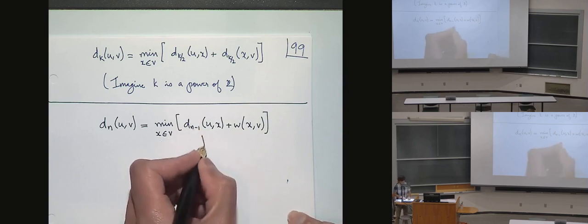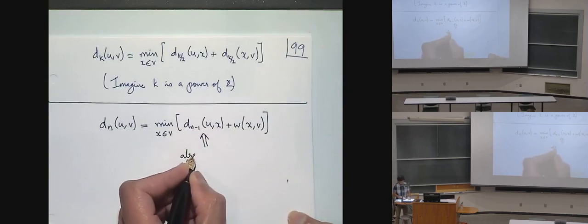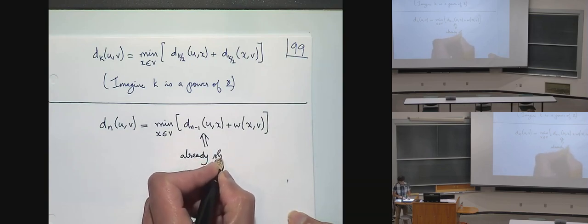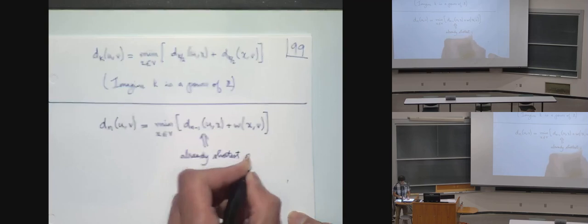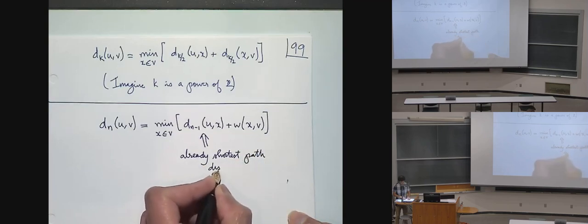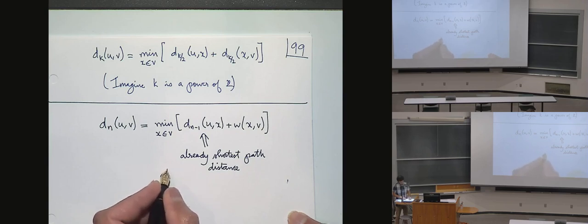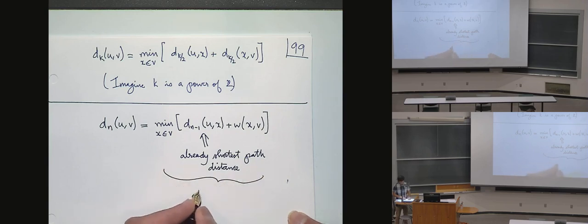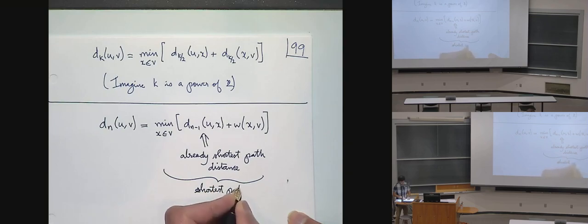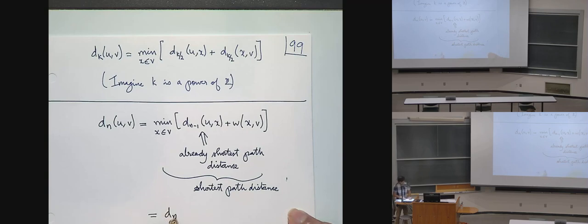But this is already the shortest path distance, right? So obviously, this is also going to be the shortest path distance, and this is just going to give you d_{n-1} uv.